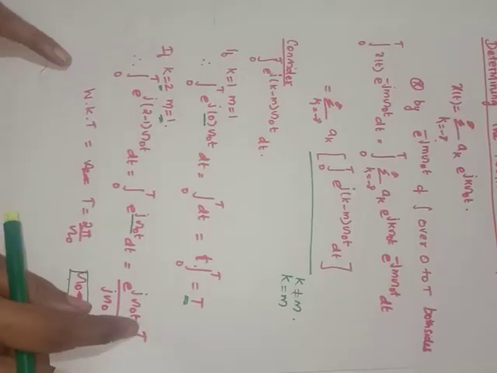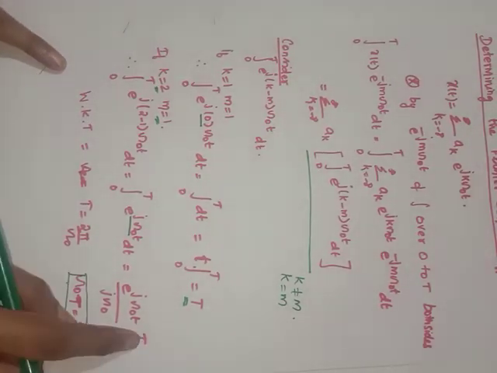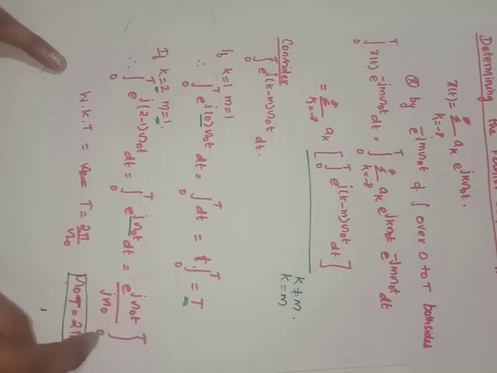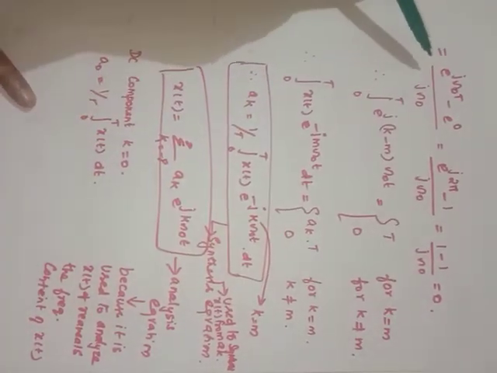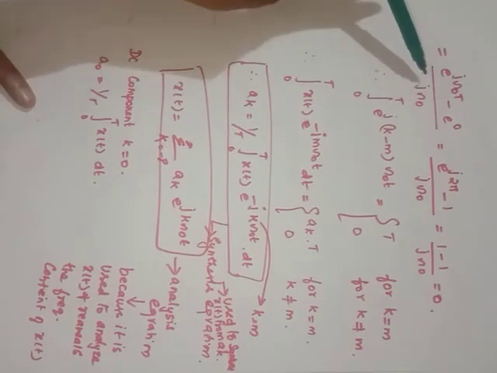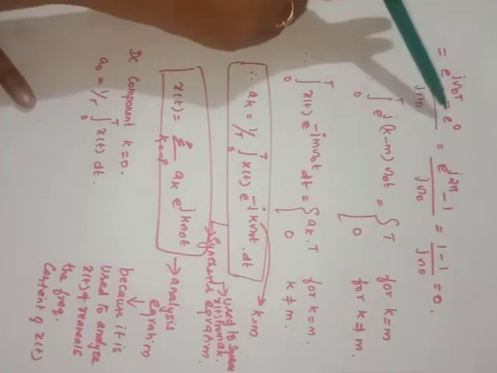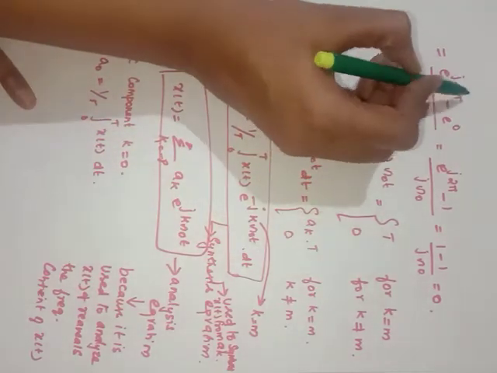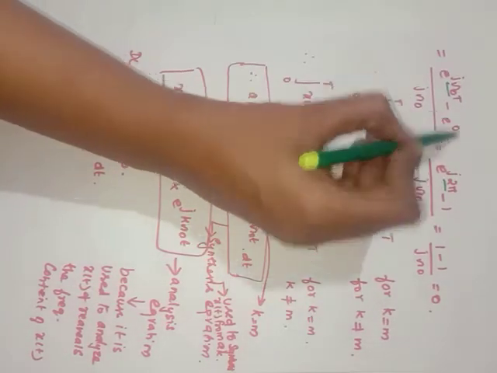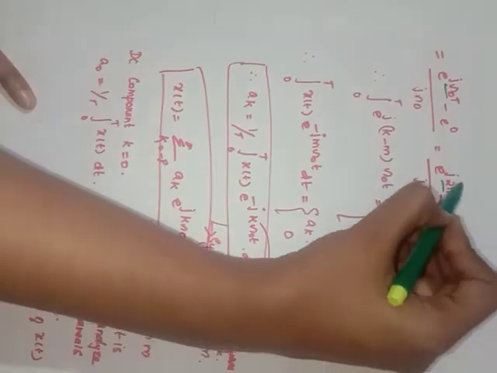To integrate this, I apply the limit capital T for small t and 0 for small t. Applying the limit, we get e power j omega naught T minus e power 0. For omega naught T I am substituting 2 pi, and e power 0 is 1.